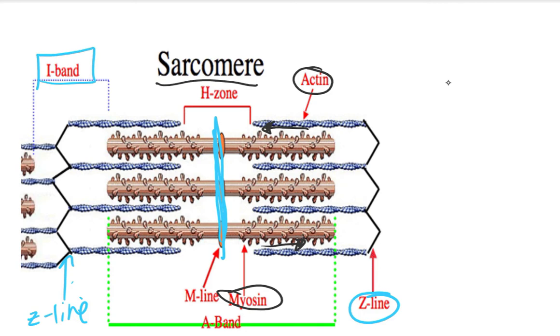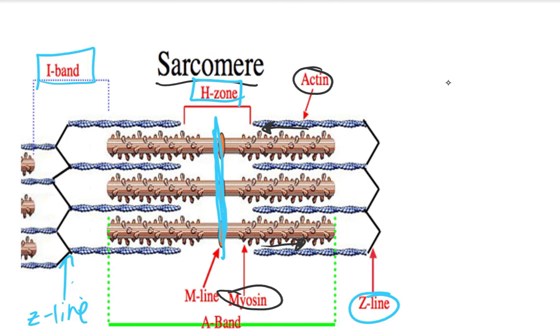The word thin filament, which is actin, has the letter I in it. So that should help us remember that the I band contains only thin filaments. Additionally, the H zone is composed of only myosin or thick filaments.